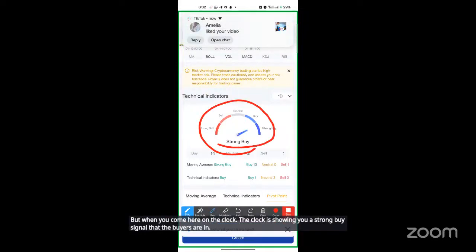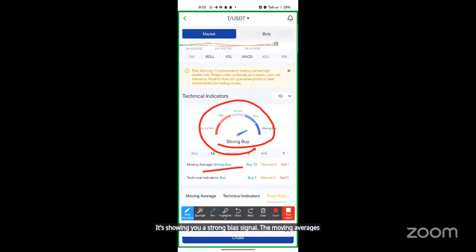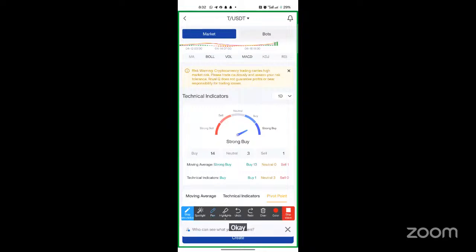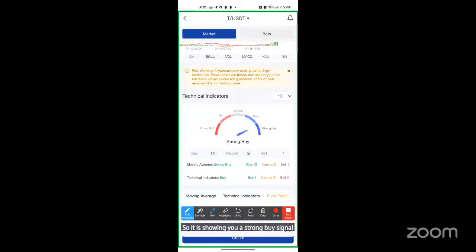The moving averages are showing you a strong buy, because what Royal Q does, it gives you indicators: 14 of them here, of the moving averages, are saying buy, 3 are neutral, 1 is saying sell. So it is showing you a strong buy signal on the clock here.